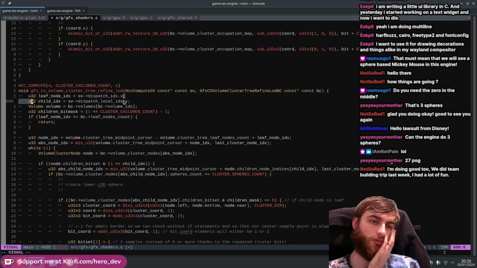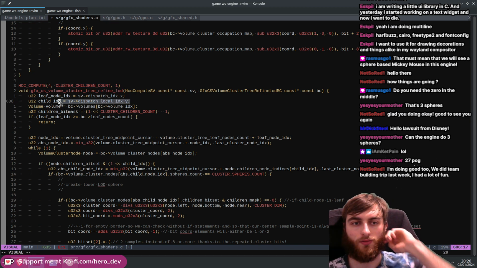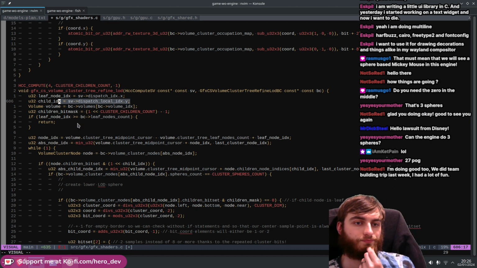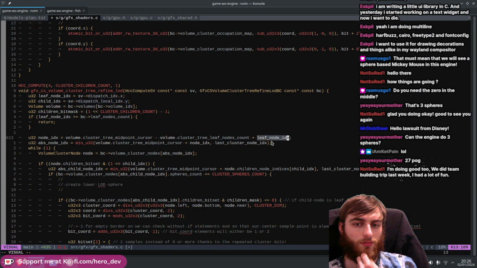We're doing 8 children, so it's 32 in a wave, obviously, 4 times 8. Get a volume. So you get a leaf. Yes, you're going over all the leaves. Pick it up. Because it's a leaf, it's not going to have any children.